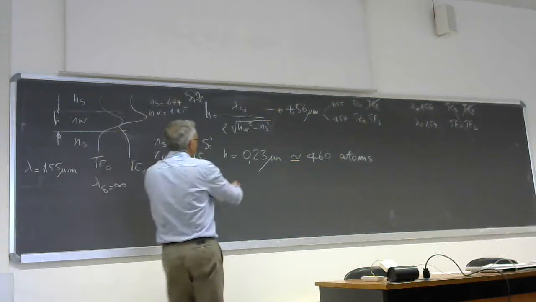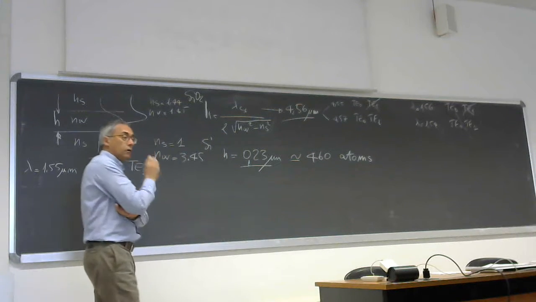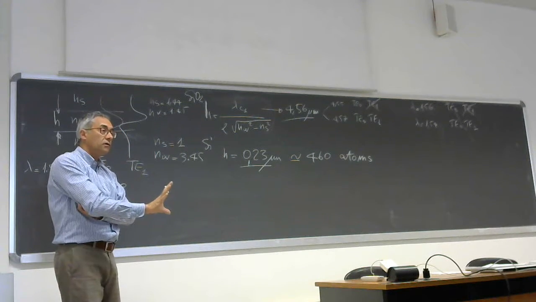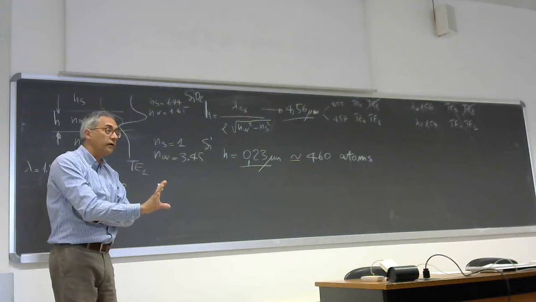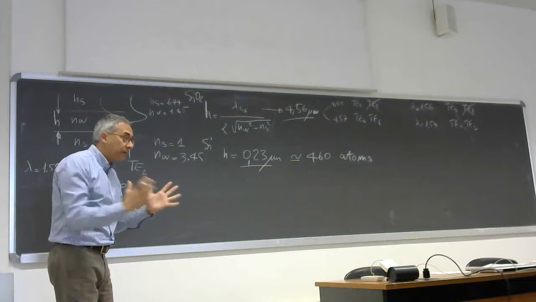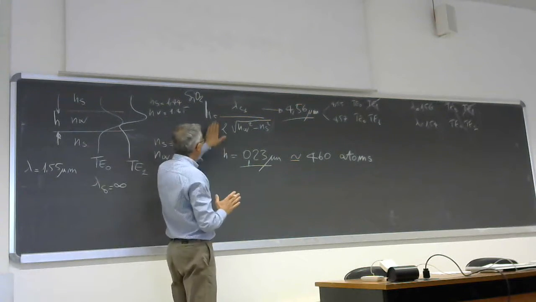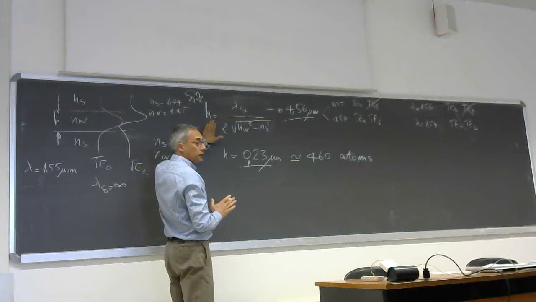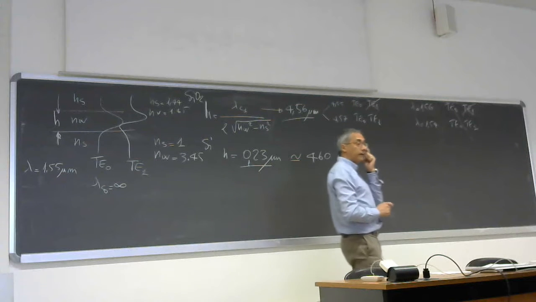So you see a much smaller waveguide. We change the refractive index. The index contrast is much stronger. The light is much more confined. And if you want to work in the single mode regime, you need a much thinner waveguide.